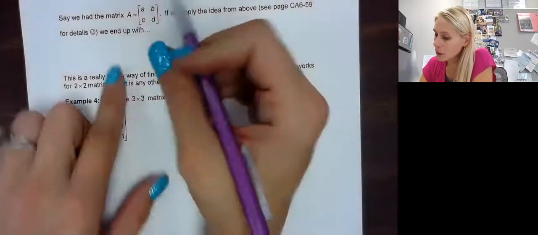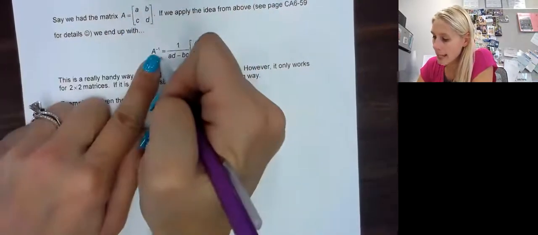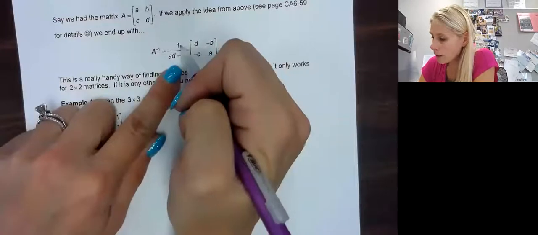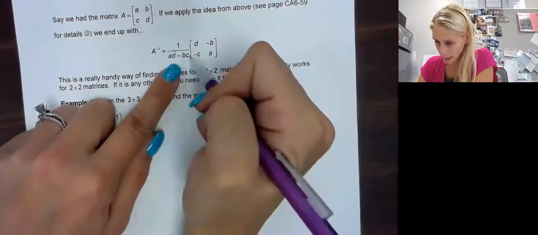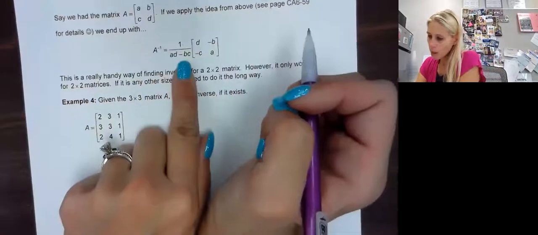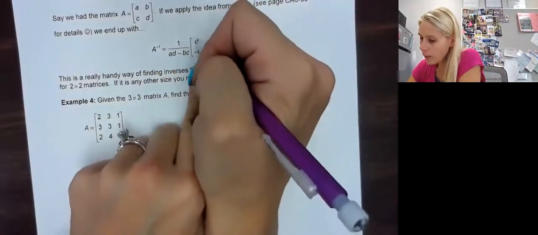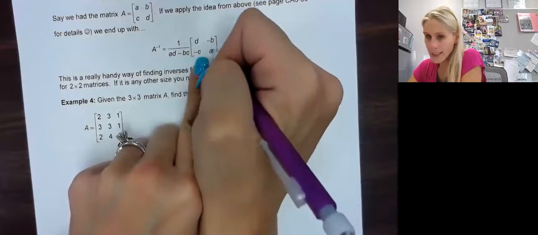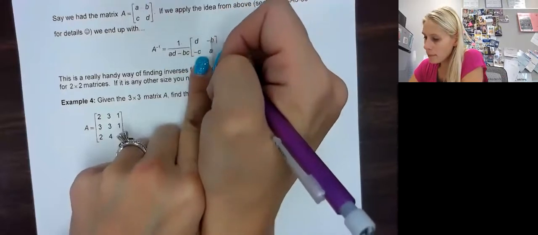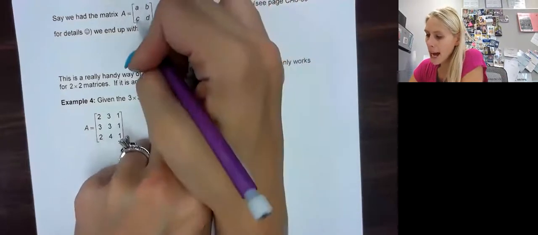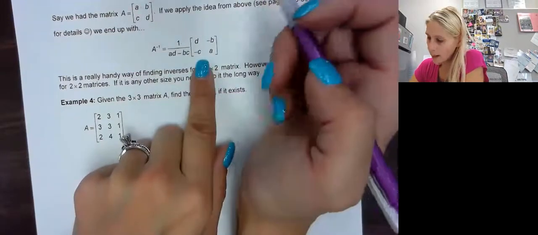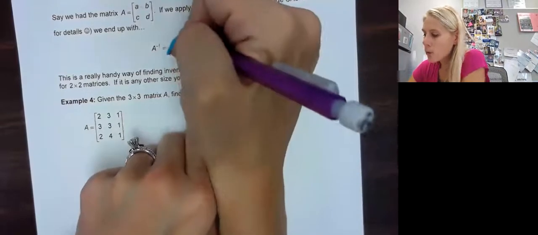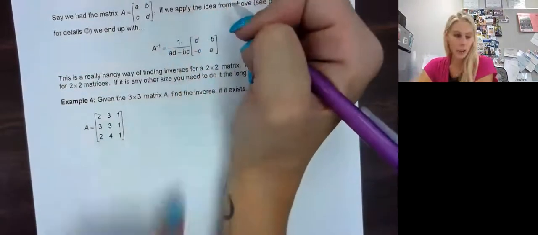What we need to do to get the inverse is 1 over A times D minus B times C. Okay, and then we have to switch A and D and make B and C opposite to what they were up here. Okay, once you have that though, you then have to multiply that scalar in.